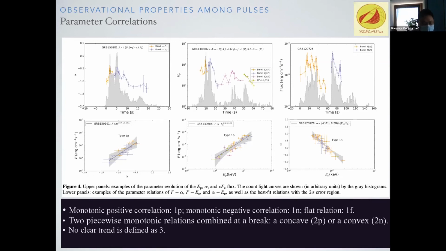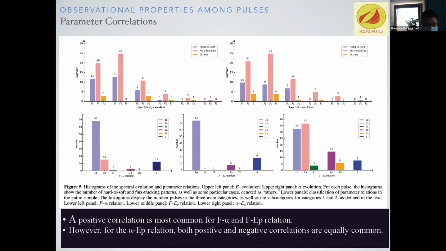The third one is the locally anticorrelated type. The main result for the parameter correlations found in our work is that a positive correlation is most common for the flux and Ep relations. However, for alpha and Ep relations, both positive and negative correlations are equally common.